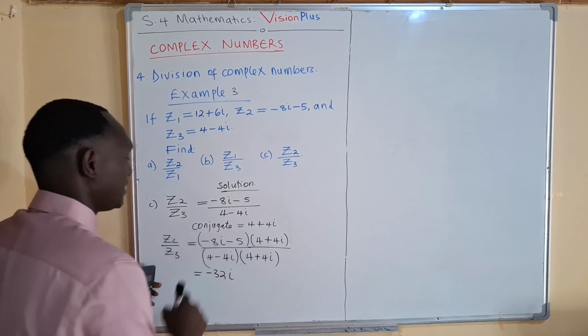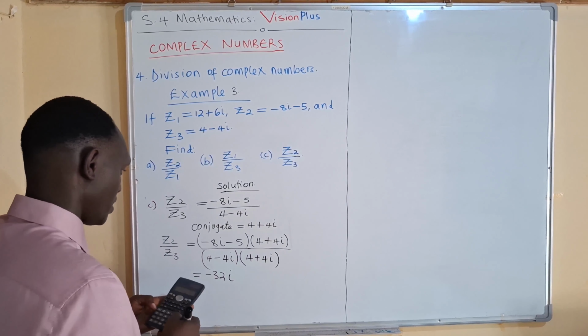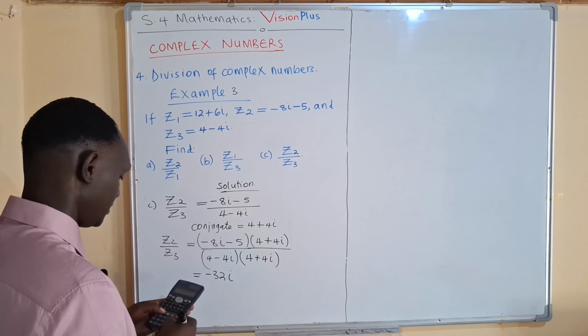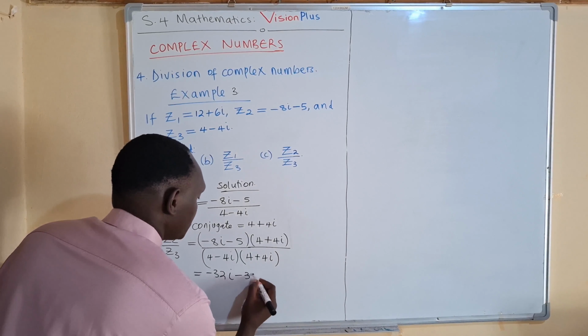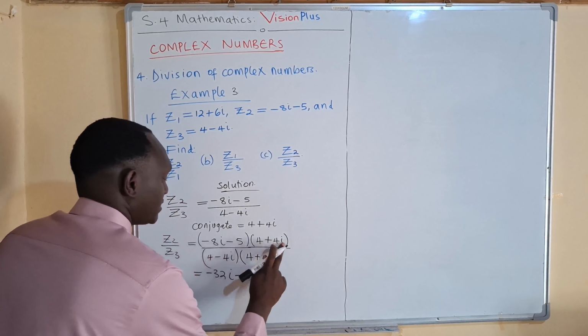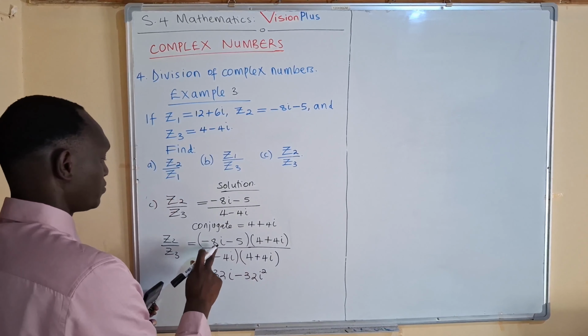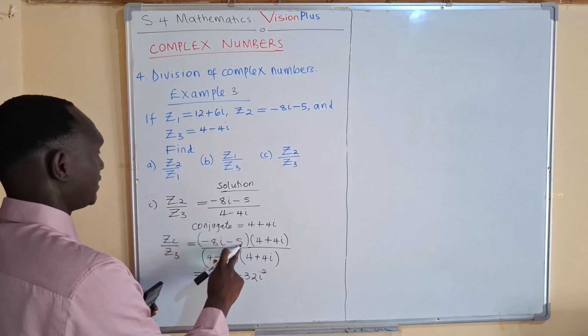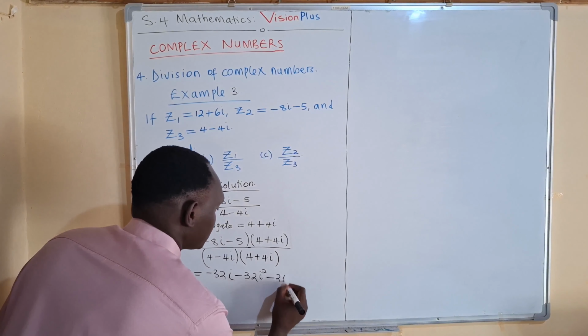Negative 8 times positive 4i is negative 32i squared, because there is i here and there is i there. And then we go to 5. Negative 5 times 4, negative 20.